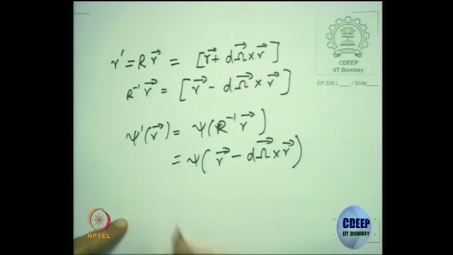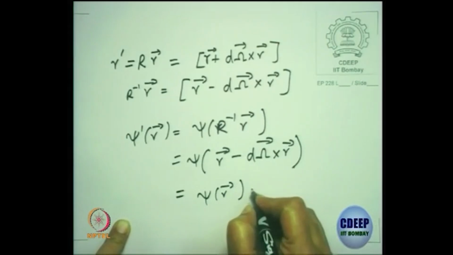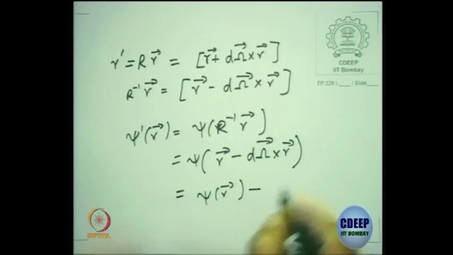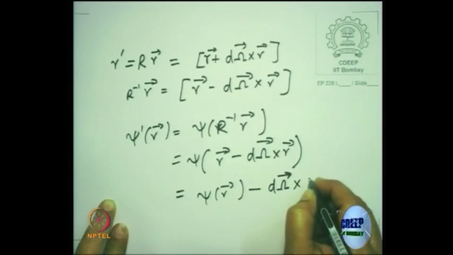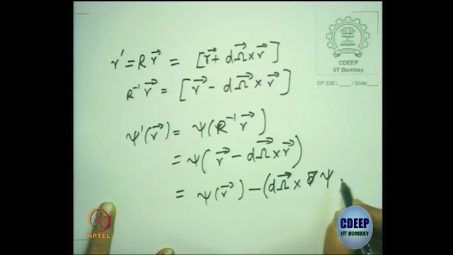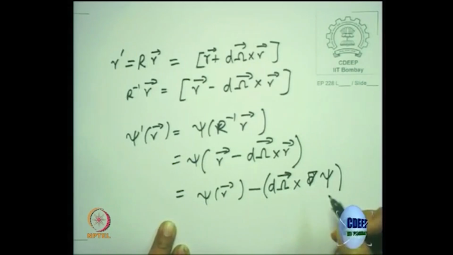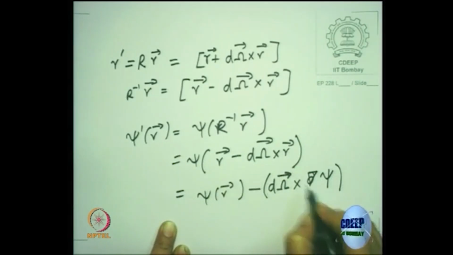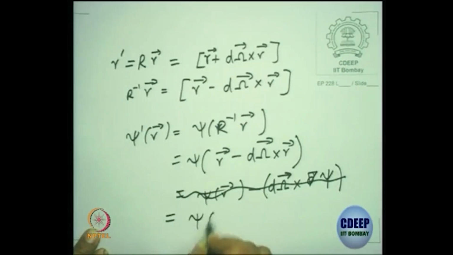Can you do a Taylor series expansion here? It will be psi of r minus d omega cross r, then can you do this Taylor series expansion and see whether you get psi of r?